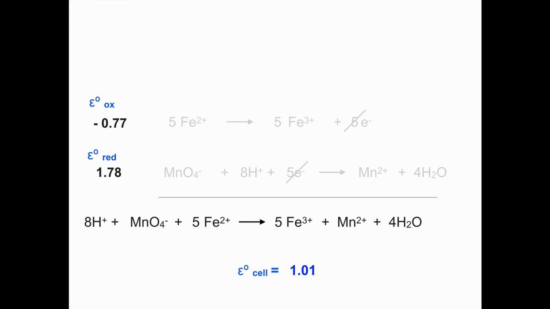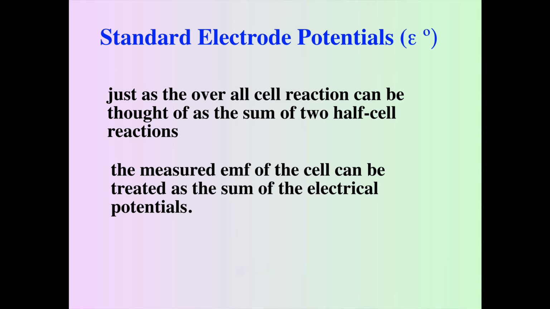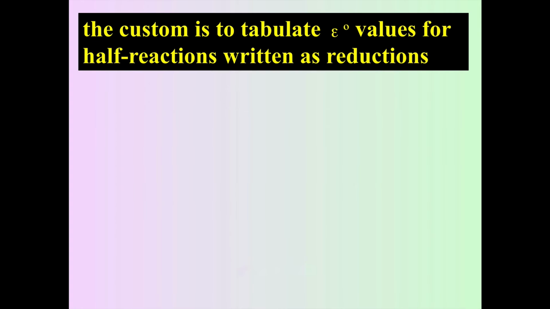So nice, right? This seems a lot like Hess's law when we're dealing with heat. It's similar, right? Add these half reactions together, add the voltages together to get the overall voltage. Just as the overall cell reaction can be thought of as the sum of 2 half reactions, the standard voltage can be thought of as the sum of the potentials.